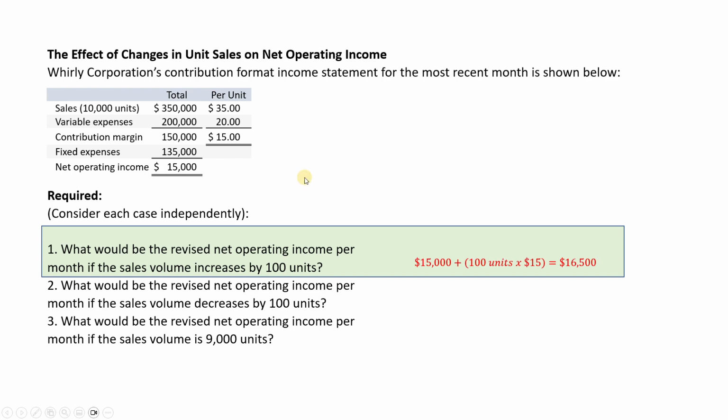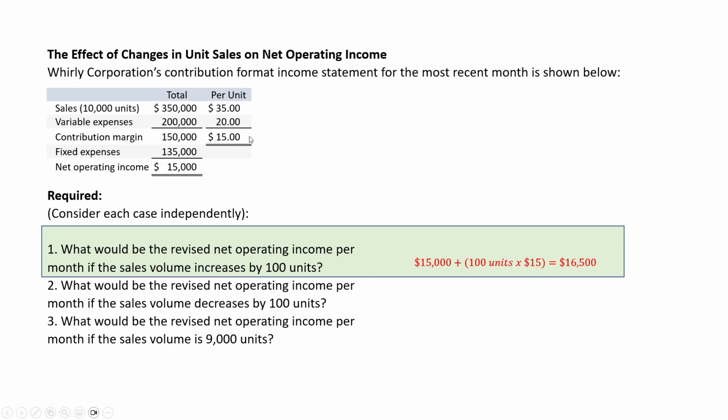Now, our starting point is going to be where we are right now with 10,000 units, net operating income of $15,000. To that, we're going to add the contribution margin earned by each additional unit that we sell. Keep in mind, $35 per unit sold, subtract out the variable expenses that has to cover first of $20 per unit.